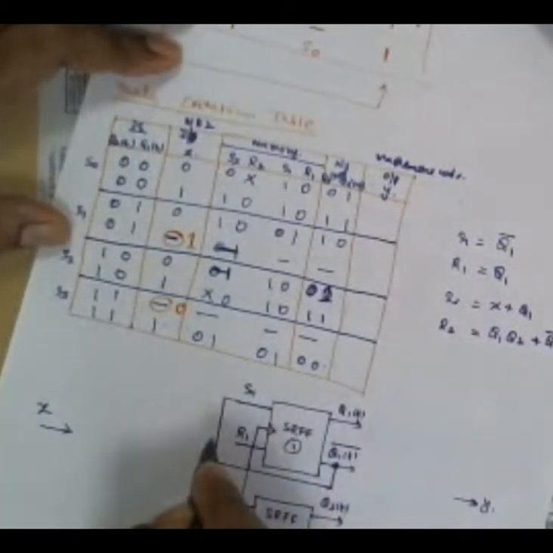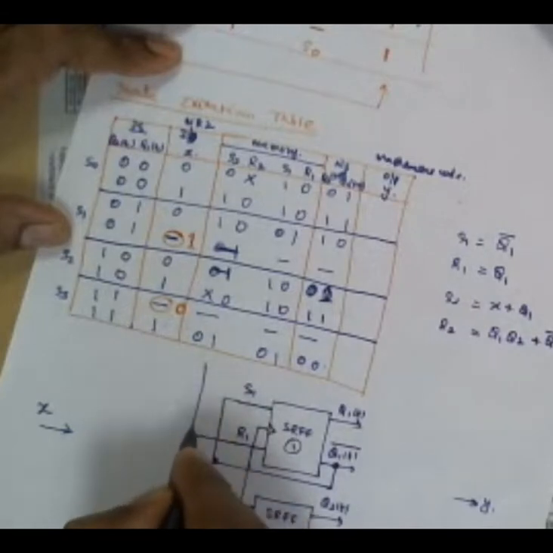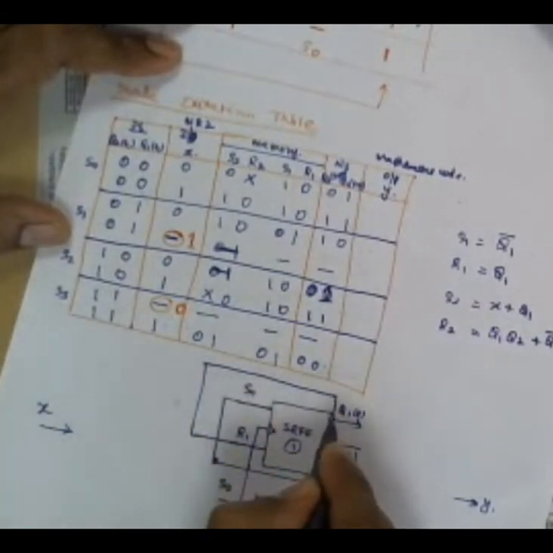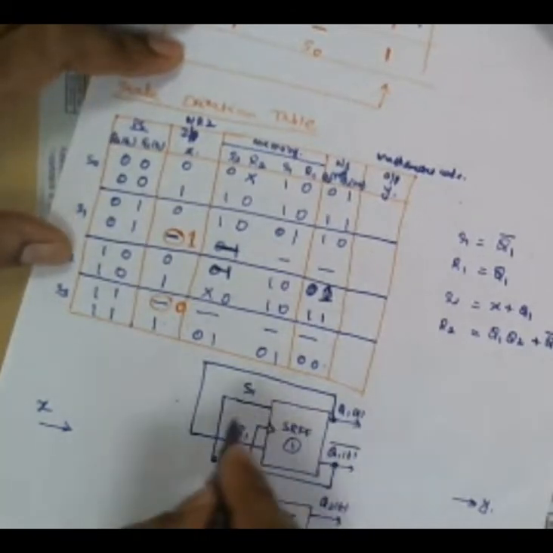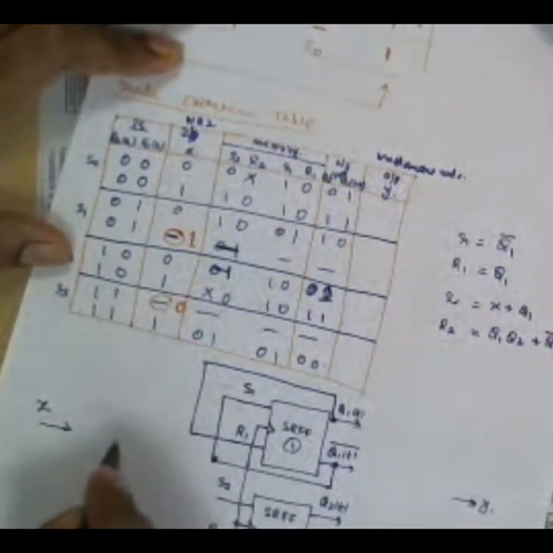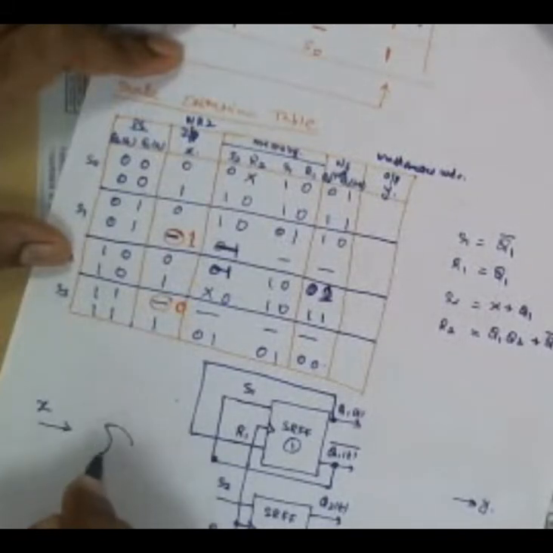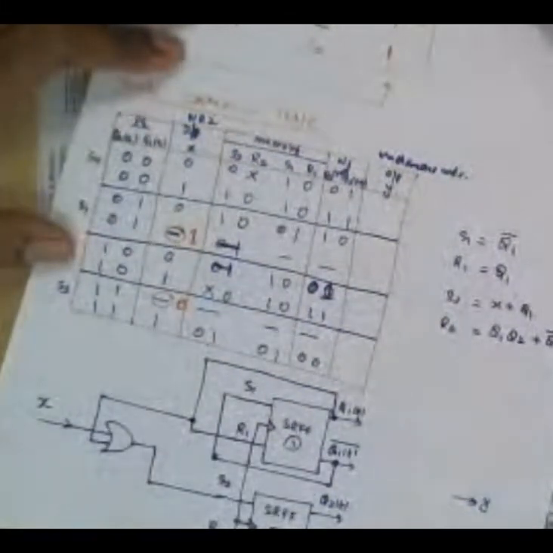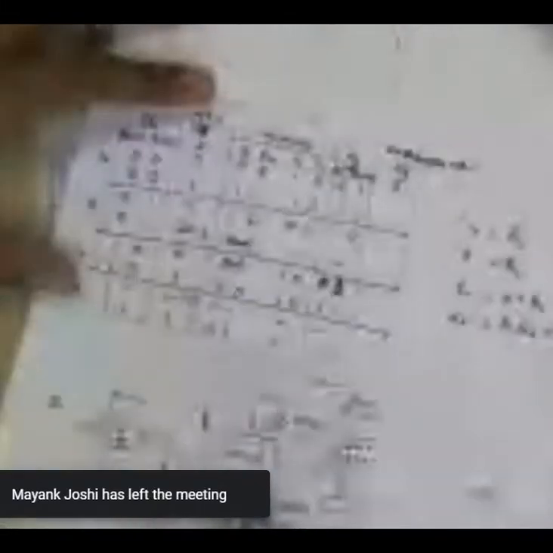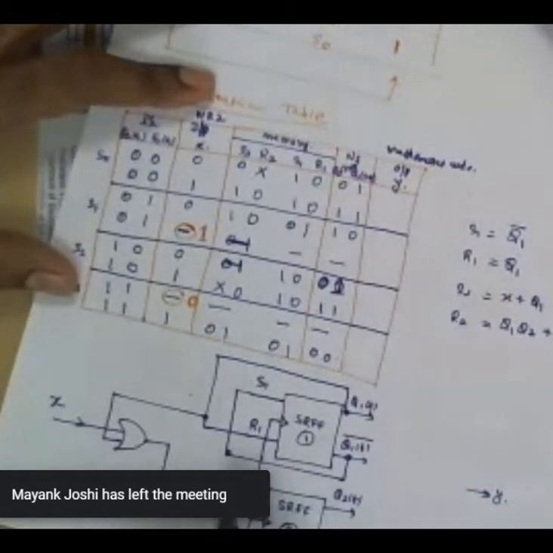Then R1 is nothing but Q1. S2 is X plus Q1. R2 is Q1 Q2.